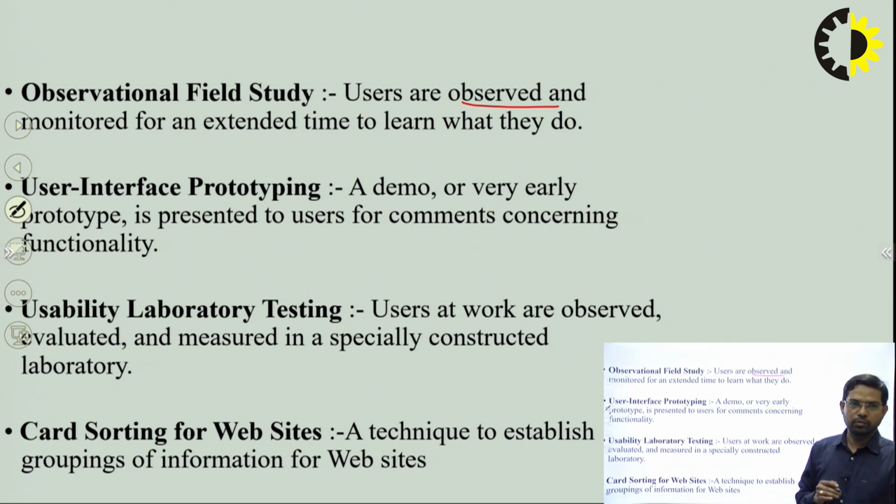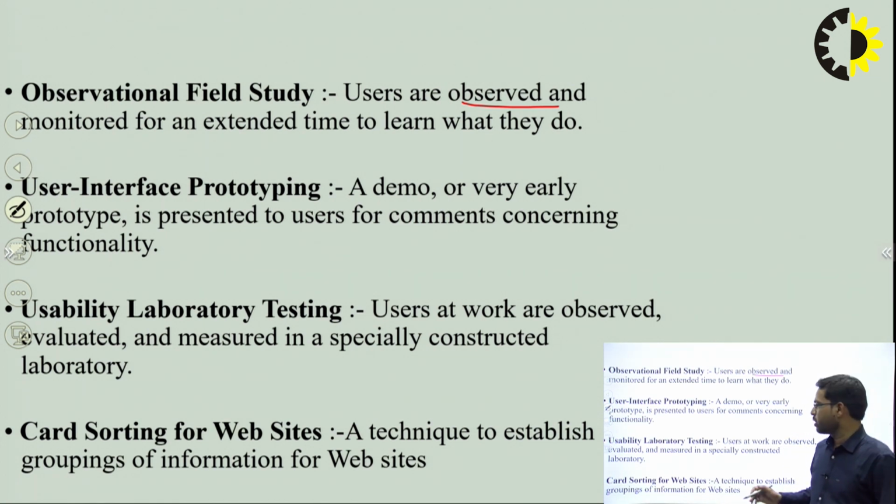A demo or very early prototype is presented to users for comments concerning functionality. Just like we create a small prototype of a big building, we take this prototype information from the user's point of view. That is also used for requirement gathering.